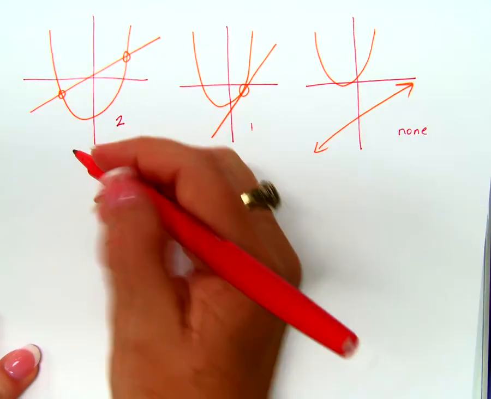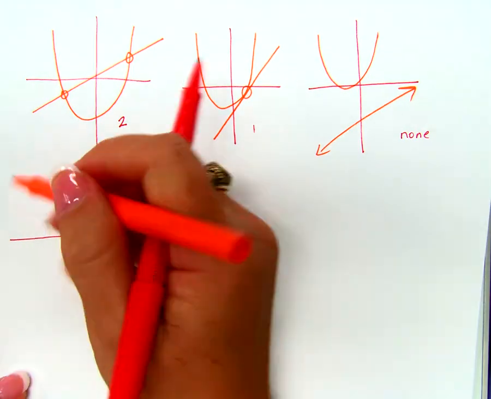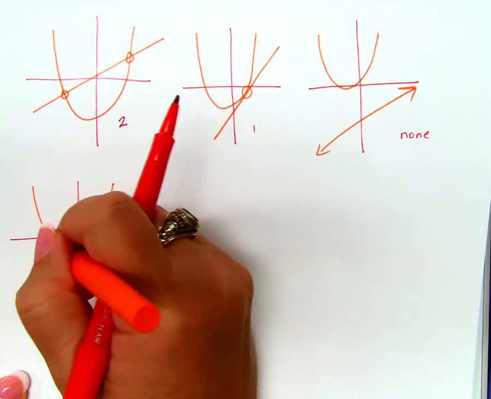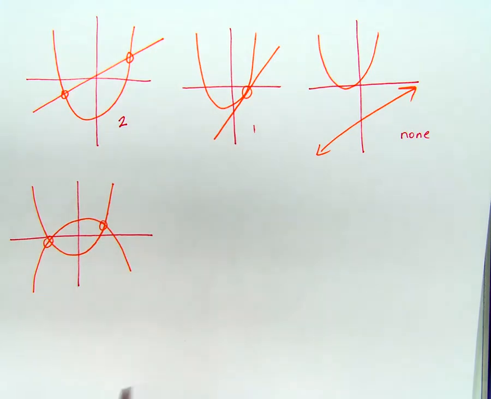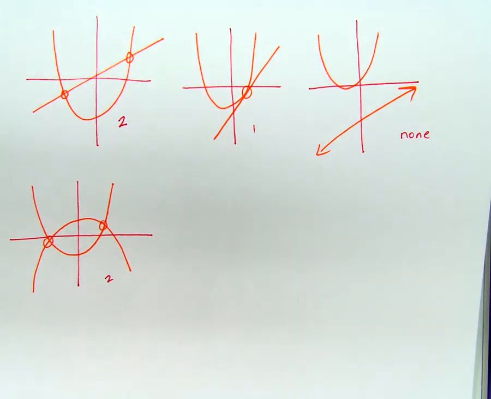What if we had 2 parabolas instead? What kind of numbers of solutions could we get? 2 for sure, right? Here's one parabola. Here's one parabola. So 1, 2, right? What else could I get? Could I get 1?